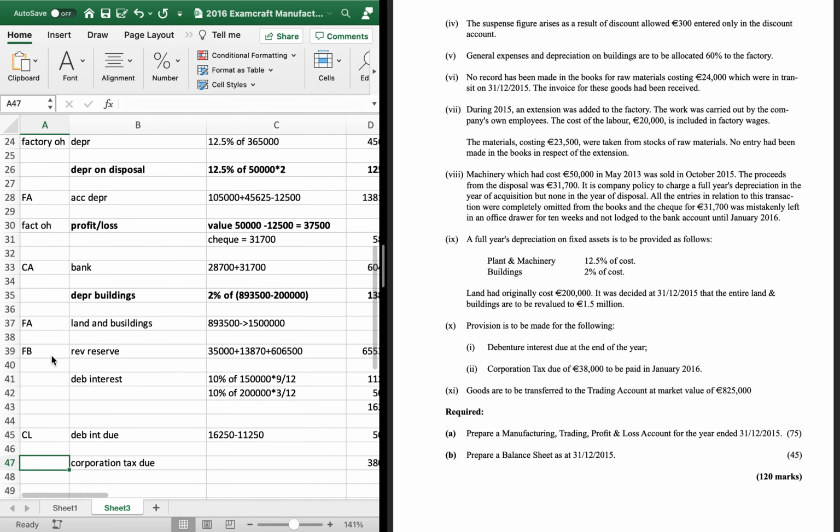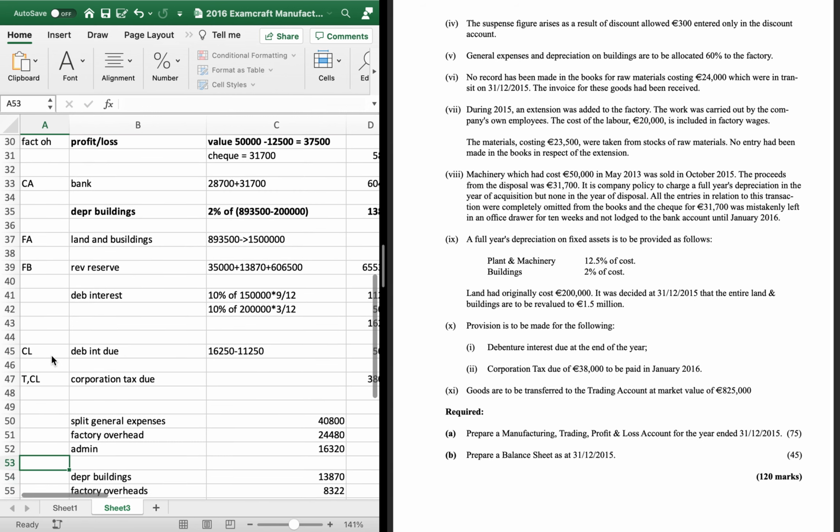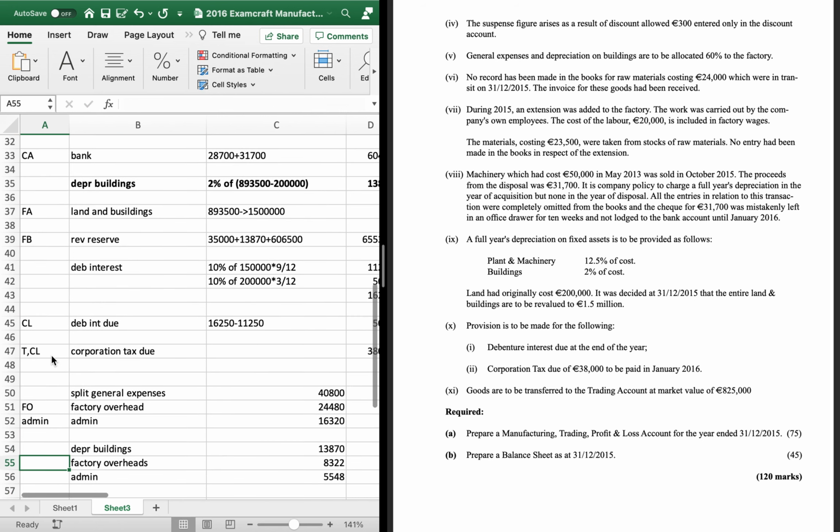Corporation tax will go in the trading profit and loss account in its normal spot, and it'll also be a current liability because it's due. And then your factory overheads are factory overhead. Your general expenses, you'll write it in as general expenses: factory overhead for that part, admin for that, and factory overhead for this part, and admin for the second part, which I've got written in. So that's them all there.